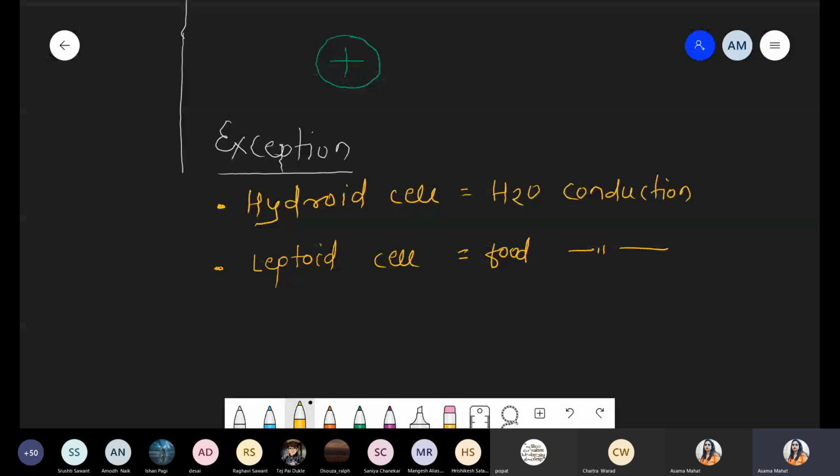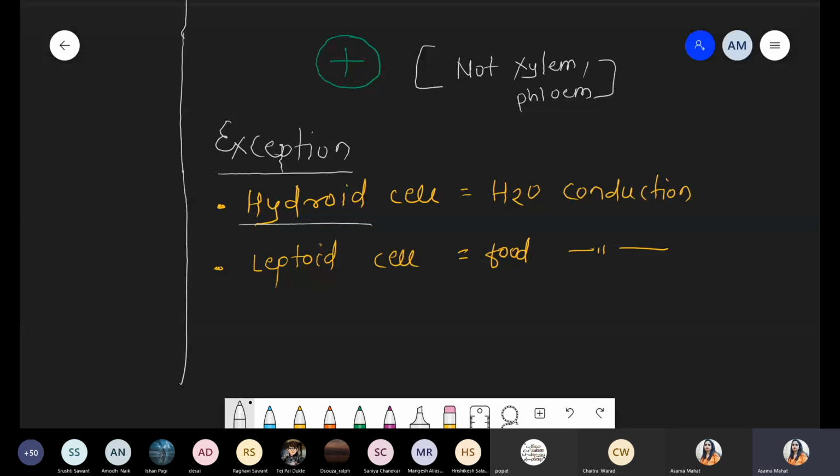Remember this point: we are talking about vascular tissues being present, but these vascular tissues are not xylem and not phloem. It's not xylem and phloem. Got it? But what is present? In the place of xylem, there is a presence of hydroid cells, and in the place of phloem, there is a presence of leptoid cells. Hydroid, hydro, conduction of water, and leptoid cell, conduction of food. Got it? This point is clear.